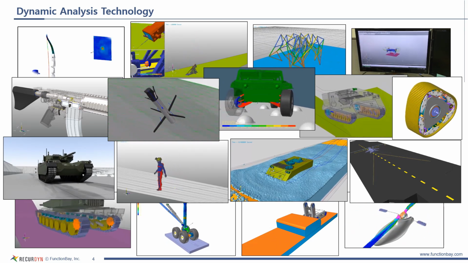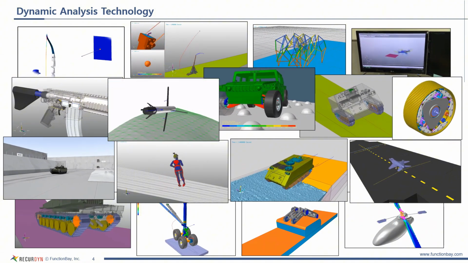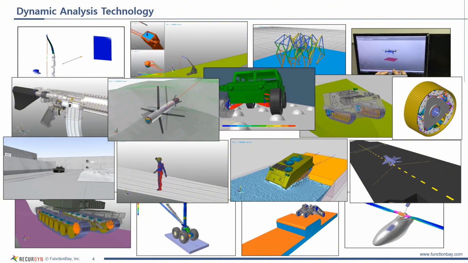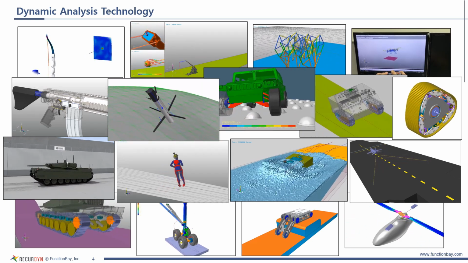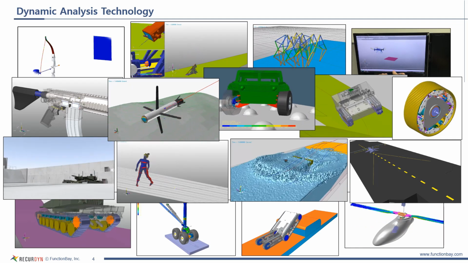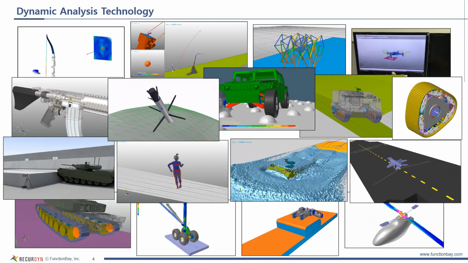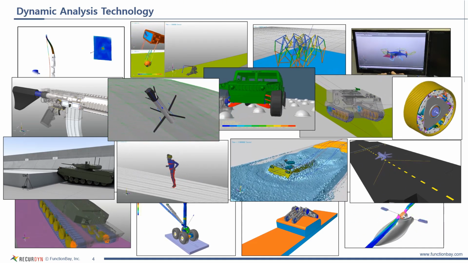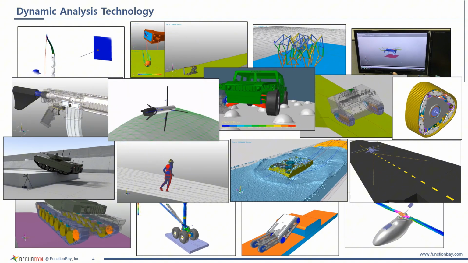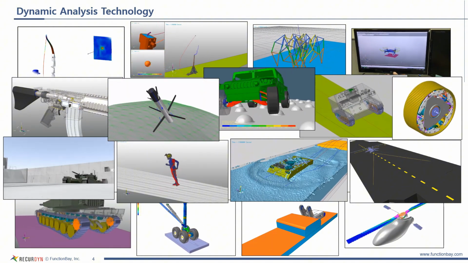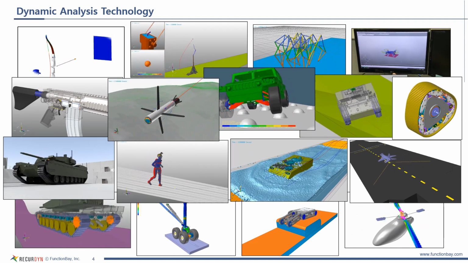By applying dynamic analysis to the design stage, it is possible to identify the dynamic load applied to the system in various environments in which it is operated and evaluate the deformation and durability of parts that may occur due to this. Furthermore, this approach helps prevent potential mechanism malfunctions or control algorithm errors, ensuring optimal performance under combat situations.